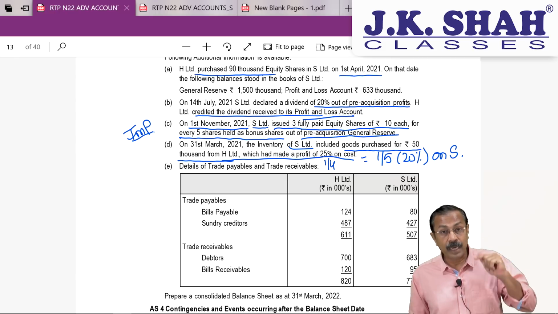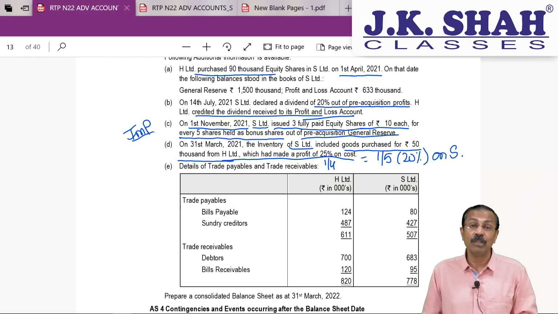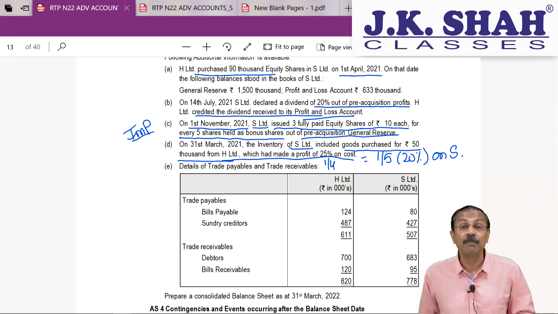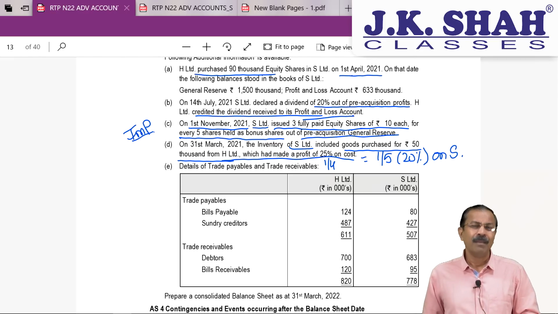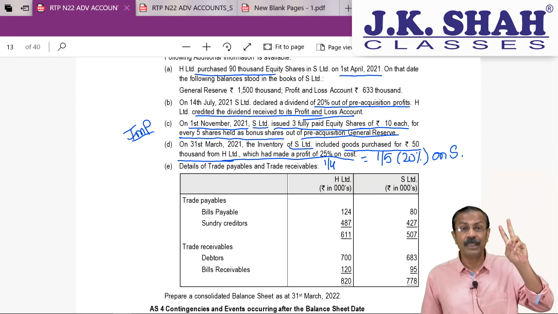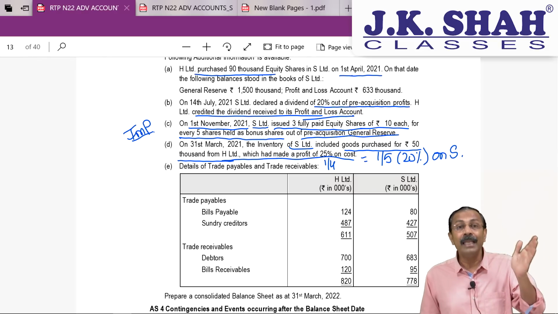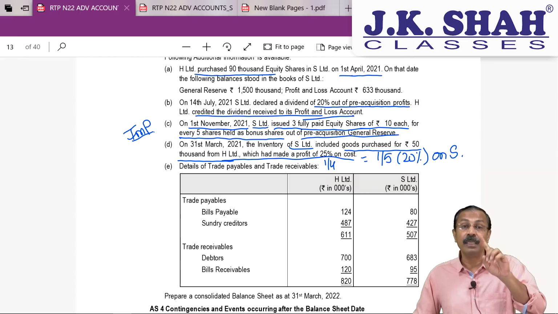Holding company had sold the goods to subsidiary company because the goods are lying unsold in the closing stock of subsidiary company. Very simple. Stock reserve, 20% of 50,000, that is 10,000. Simple two effects. Less from the stock of S Limited, subsidiary company, and less from the P&L of holding company, because holding had sold the stock. Holding had earned the profit. It is included in their P&L, remember.